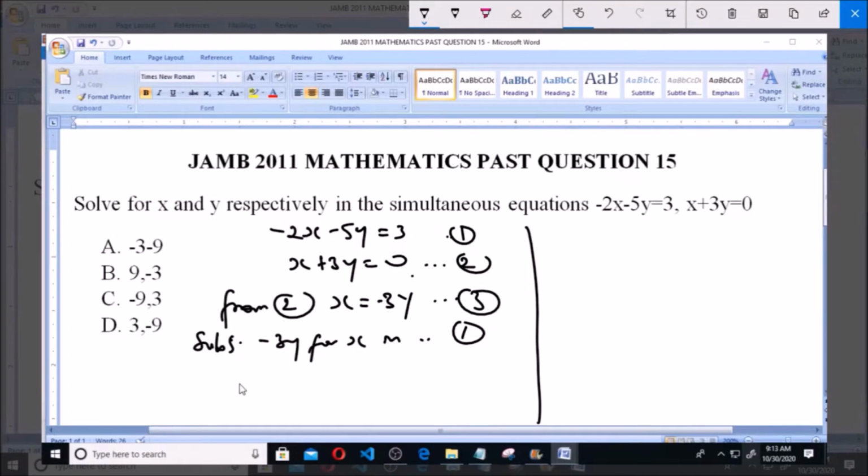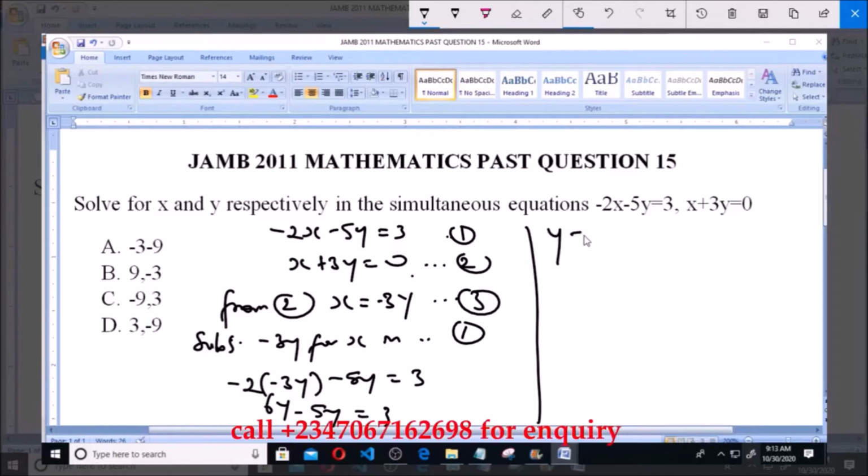So we have minus 2 multiplied by minus 3y, then minus 5y equals 3. Opening the bracket, minus 2 times minus 3y gives 6y. So we have 6y minus 5y equals 3, which gives y equals 3.